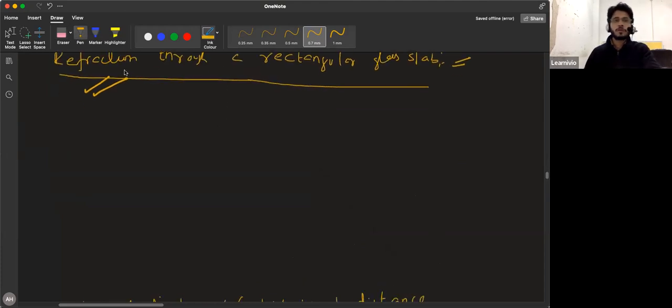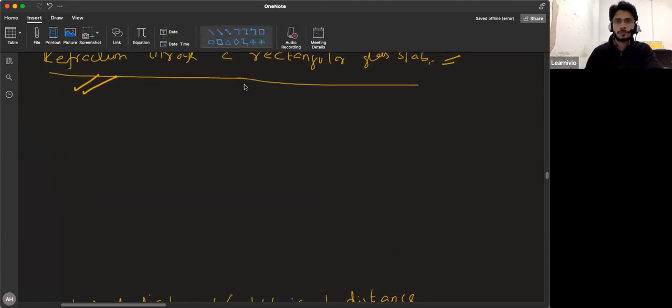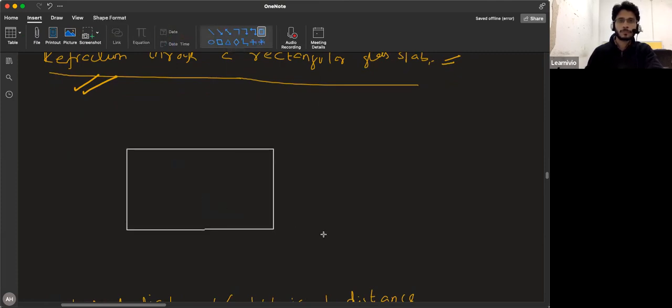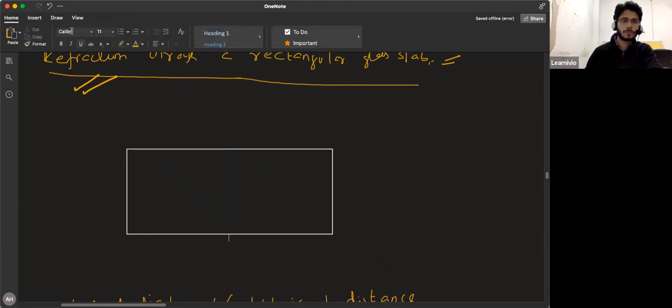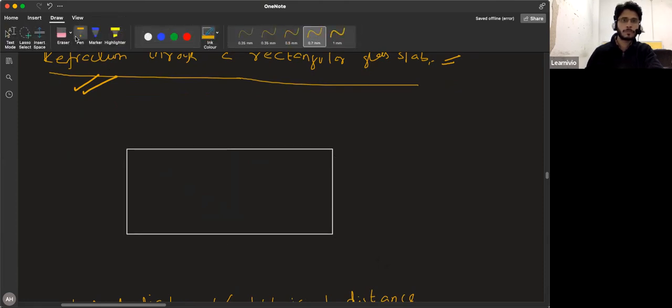Say you have a rectangular glass slab. The thickness of the slab is T. The surrounding medium is air. The slab is made up of glass. Then again, the emergent medium is air also.